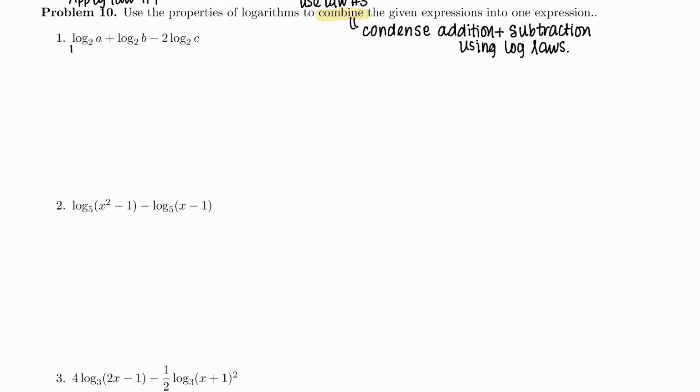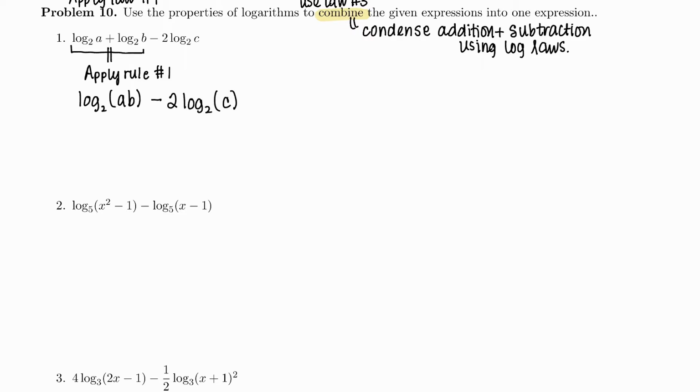So the first thing I'm going to do is apply rule 1 to log base 2 of a plus log base 2 of b. So this becomes log base 2 of a times b minus 2 times log base 2 of c.